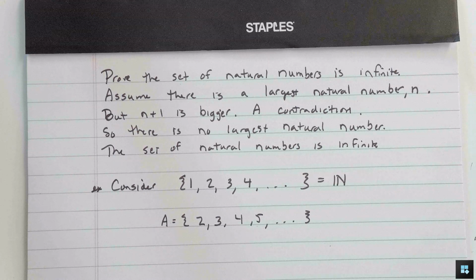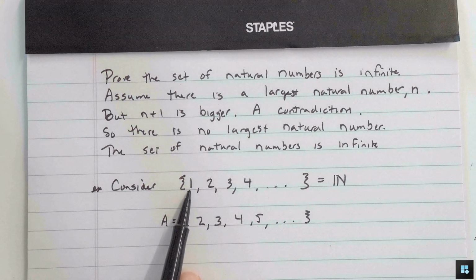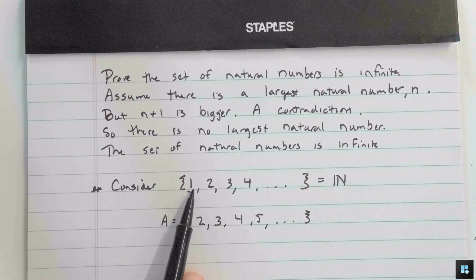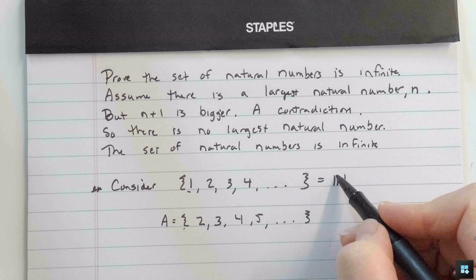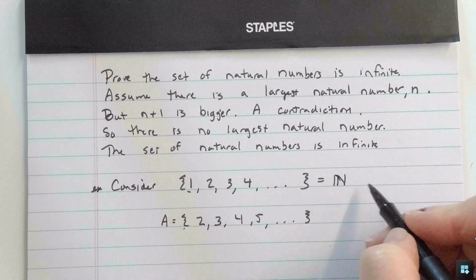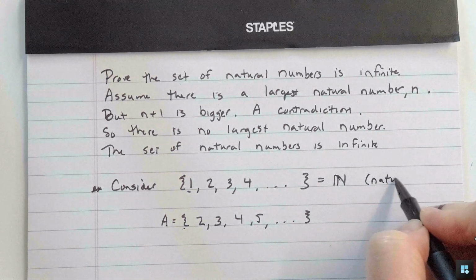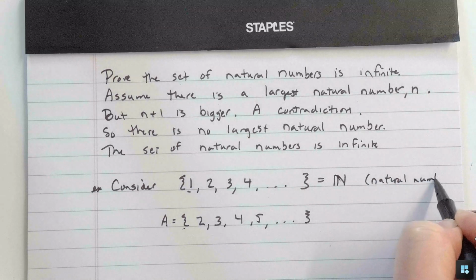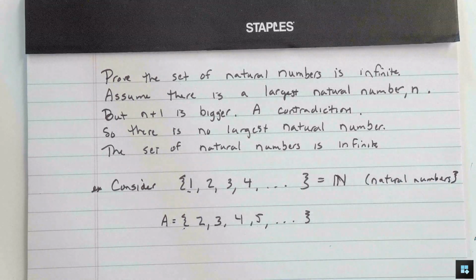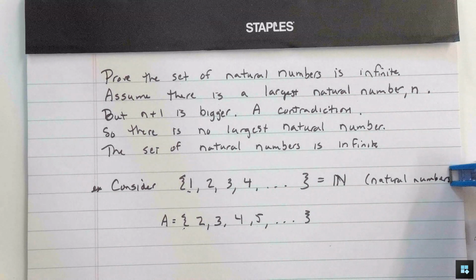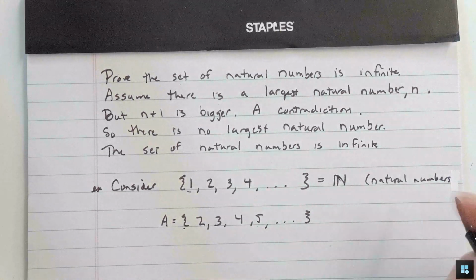The N with a double bar is an abbreviation for the set of natural numbers.